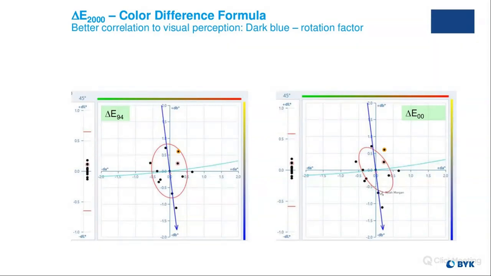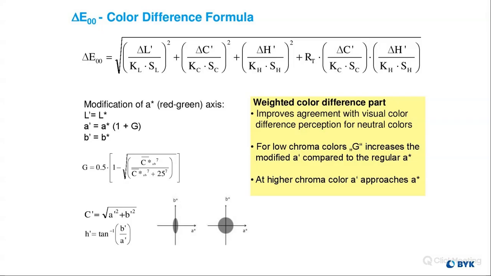So if we see visually, this is going to correlate exactly how our eyes see, whereas this is not going to correlate exactly. If we go back and look at some of these samples, we're going to find there are slight differences that our eyes pick up. So this equation is more accurate than that last equation. And this is just an overview of it again.